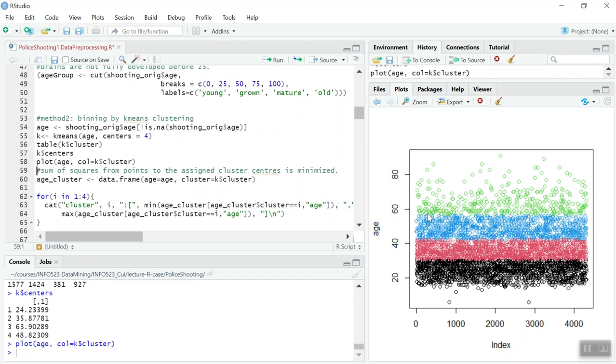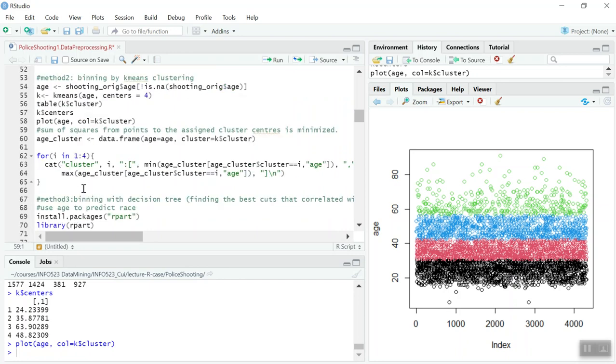So we can see that here we have anything between 0 to probably 30 in one cluster, 30 to maybe 42 a second cluster, 42 to 58 another cluster, and anything above is another cluster. This is based on how the ages are close to each other. So K-means is a purely distance-based algorithm.